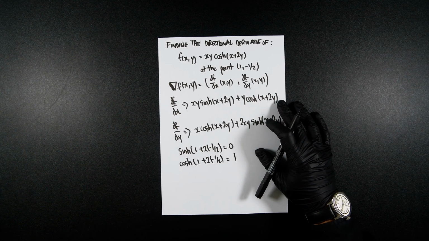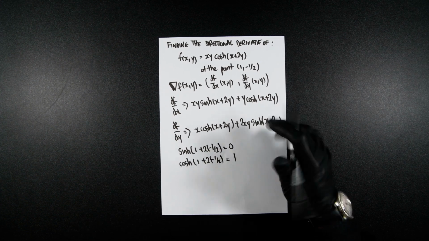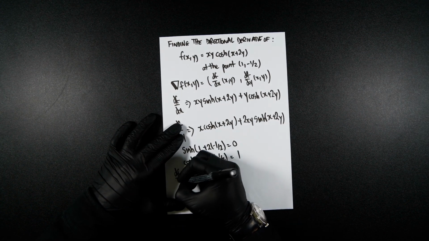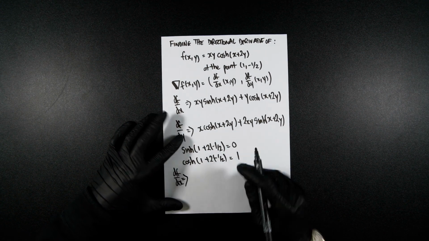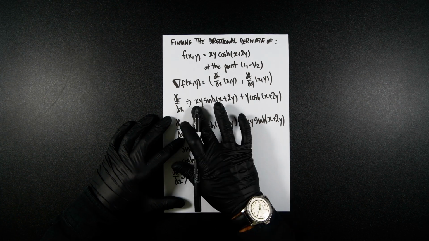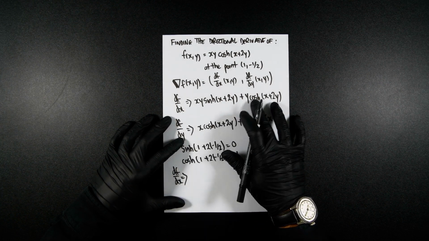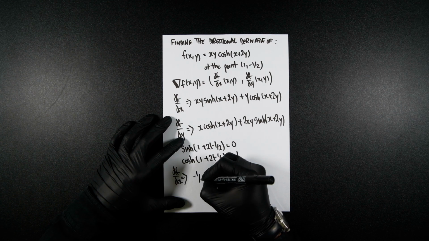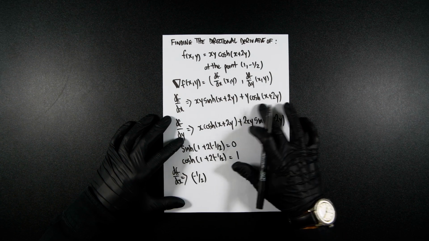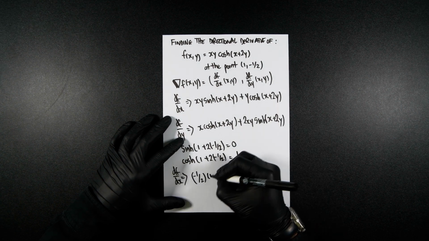So obviously, if we now plug in our values for df/dx, your sinh's will equal 0, so that's all going to be 0. And then we'll have y, which is minus half. And then cos(x+2y) is 1.